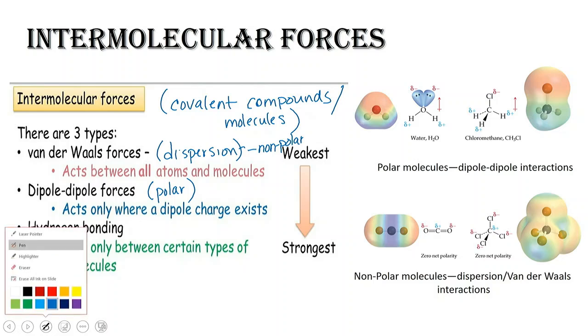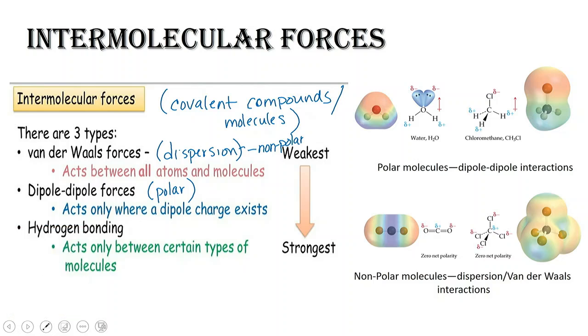If we take a look over here on the side, notice that we've got these polar compounds, water and chloromethane, where we have a dipole here going towards the oxygen, and we have a polar molecule. This red heat map shows that most of the electrons are found in that area.